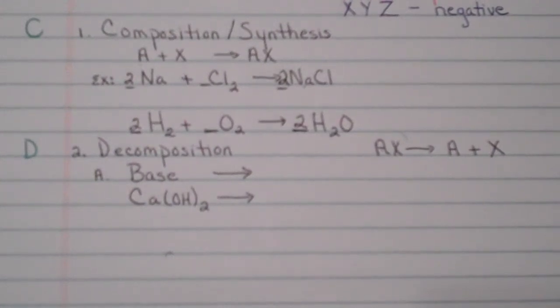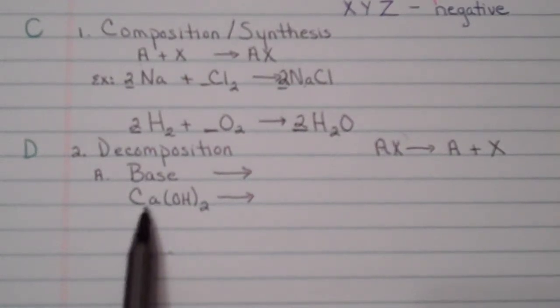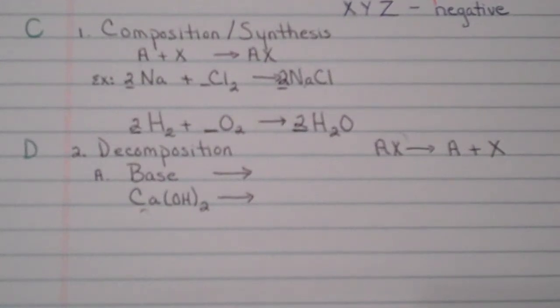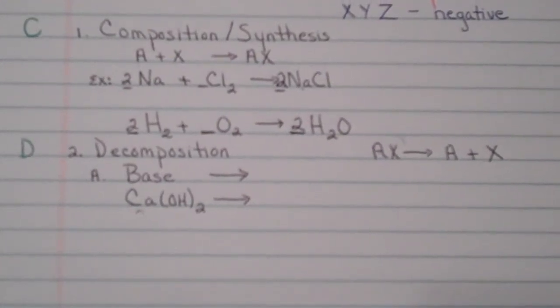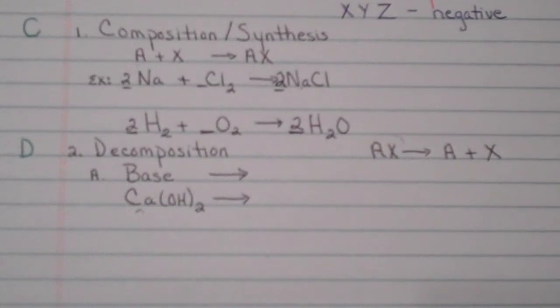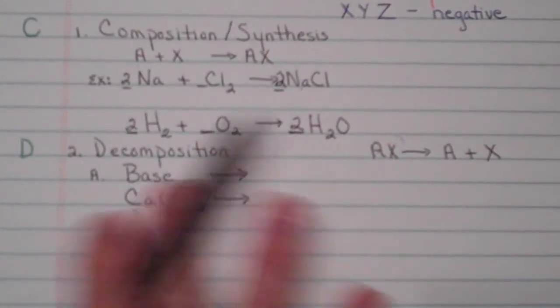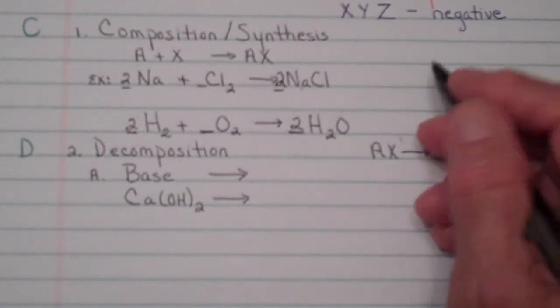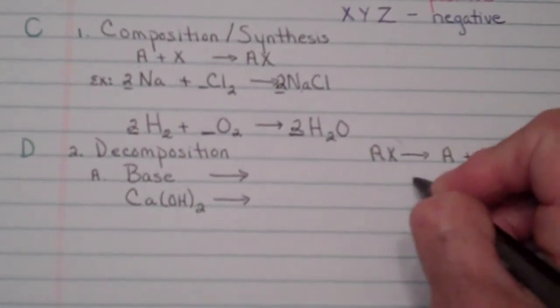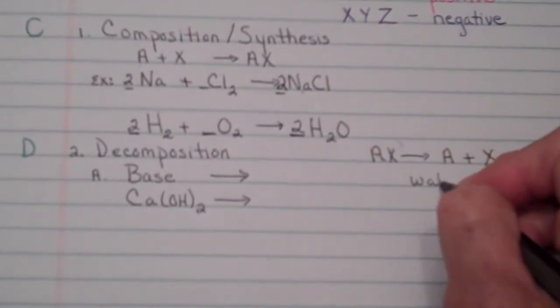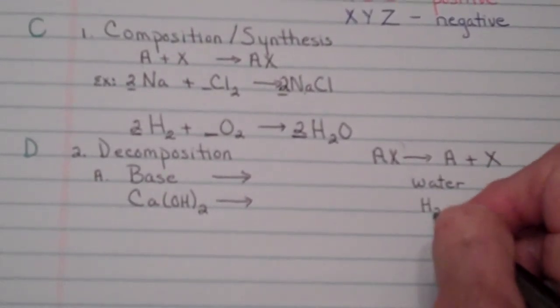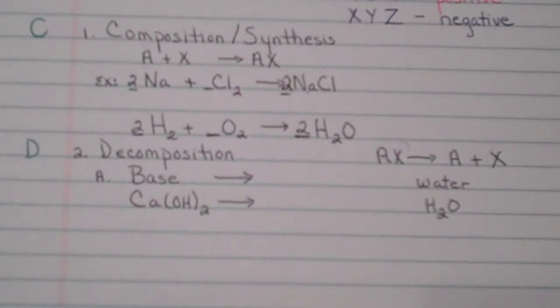All right, let's look at a base. A base, as we already know, is going to have hydroxide as part of the formula. That's our definition at this point. So, when calcium hydroxide decomposes, what would it decompose into? Well, one of the products will be water, H2O. So just look at the formula.